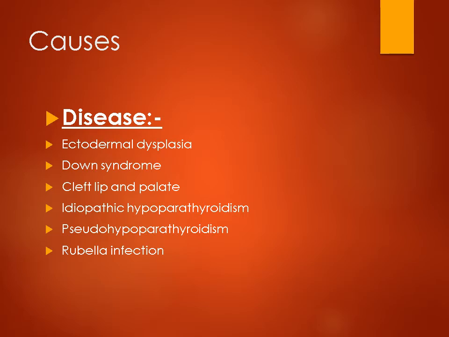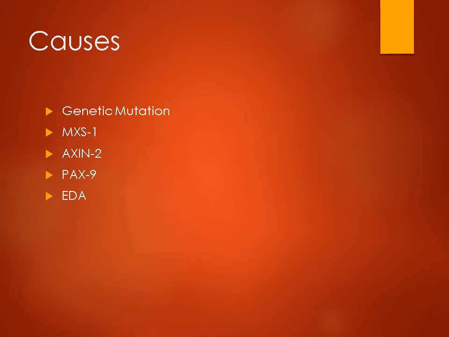It may be because of a disease present within the child. It may be ectodermal dysplasia, Down syndrome, cleft lip and palate, idiopathic hypoparathyroidism or pseudohypoparathyroidism, or rubella infection. Then there is genetic mutation.